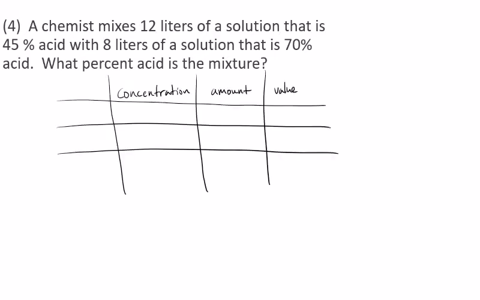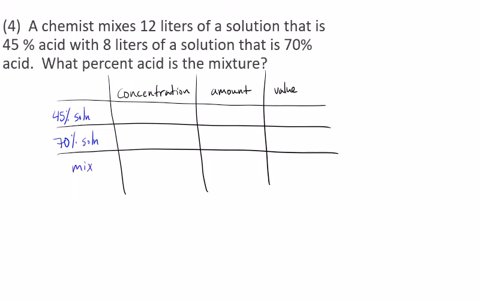All right, so this time, we're mixing 12 liters of a solution that's 45%, so we have a 45% solution. I'm going to abbreviate solution with 8 liters of a solution that's 70%. So 70% solution, and then we have our mixture, right?